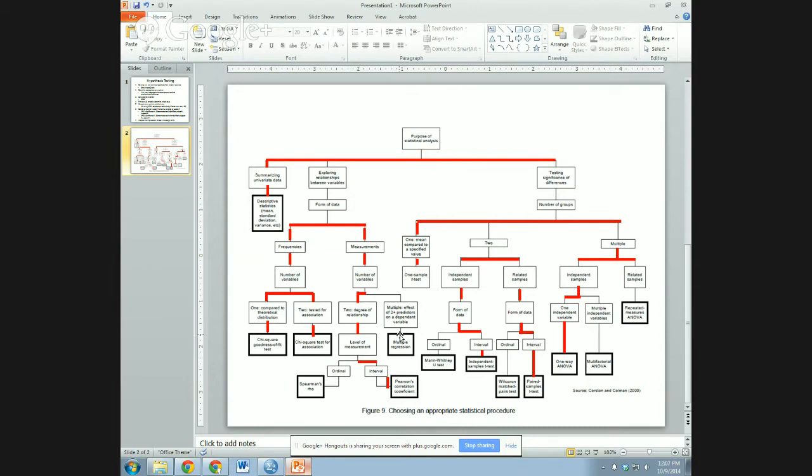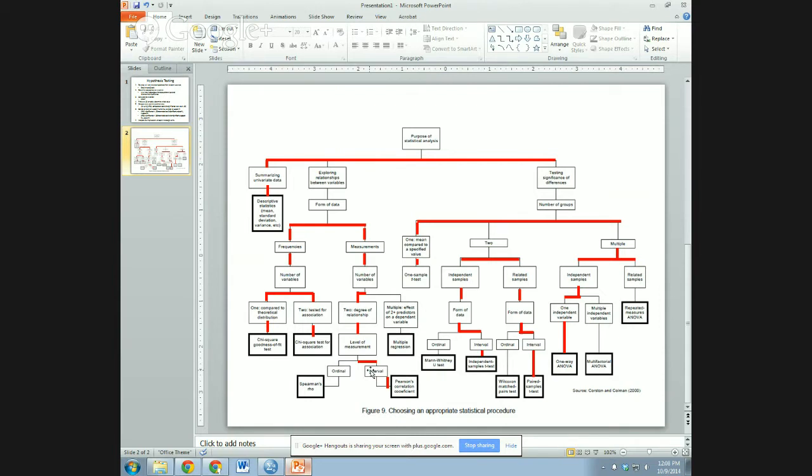Okay, so that covers this branch of the tree on relationships between variables. Again, does our research question ask us to explore the relationship between the variables? That will determine whether or not we use this part of the tree, and from there, we can use the flowchart downwards.